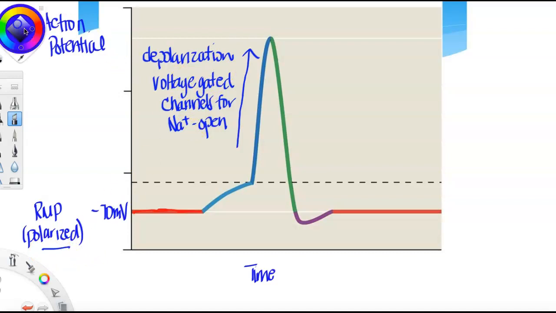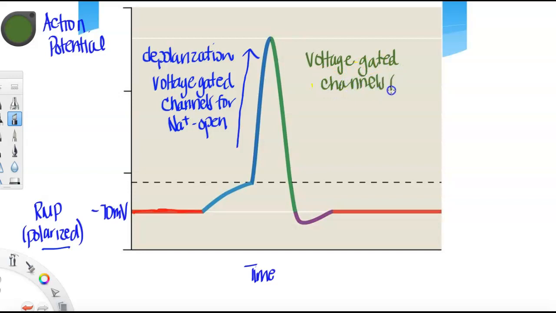Okay? But guess what? There are also voltage gated channels for potassium. And when this change in potential occurs, then these open.